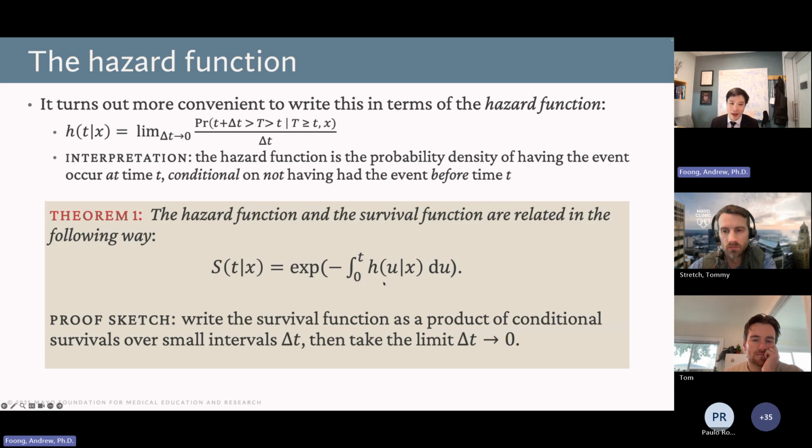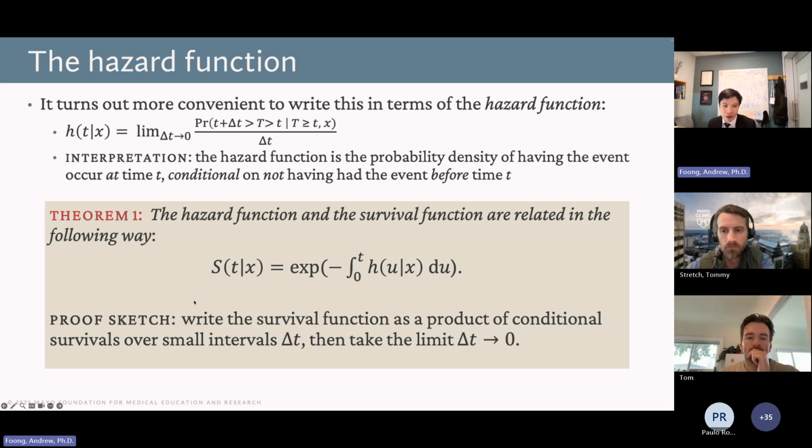If you know the hazard function h, you can integrate it between 0 and t, put a minus sign on it, exponentiate the whole thing, and that's the survival function. So the key point is that knowing the hazard function and knowing the survival function are two sides of the same coin. You can interchange between them just by performing an integration or differentiation.